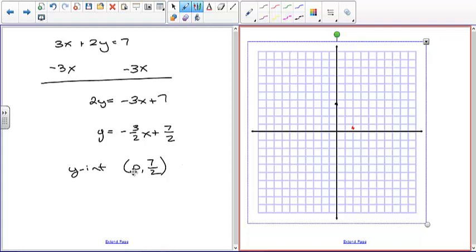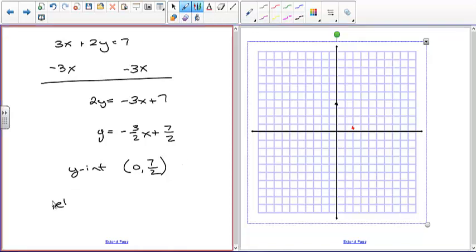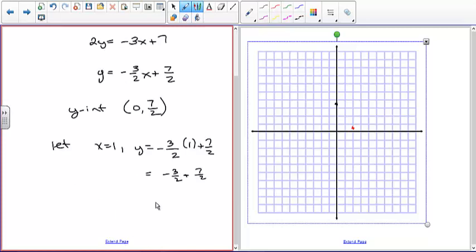So another possibility would be to let, say, x equals 1. And what that would do is give you a whole number. So x equals 1, plug that in, you get y equals negative 3 halves x, which is 1, plus 7 halves. So that's negative 3 halves plus 7 halves, which is 4 halves, which is 2.